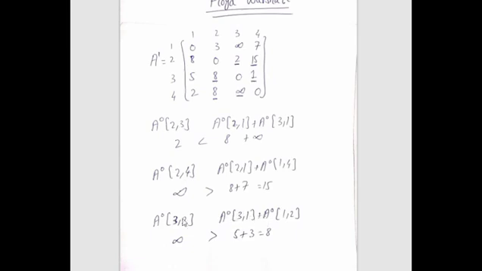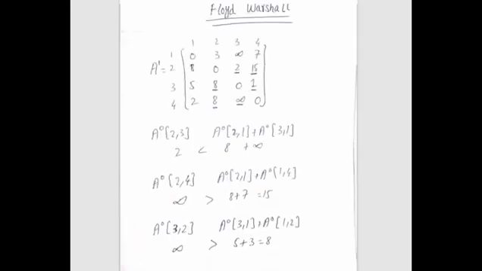So 3 to 2 is infinity, 3 to 1 is 5, and 1 to 2 is 3. So we will add 5 and 3, which gives 8, and compare with infinity. 8 is smaller, so we will write it here. Consider the smaller one. Now we will apply the same steps and fill the rest of the matrix, that is 1, 8 and infinity.